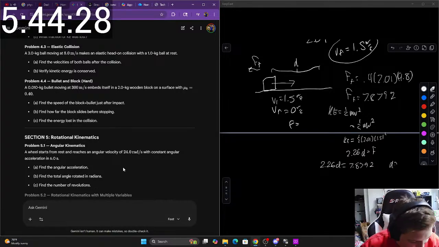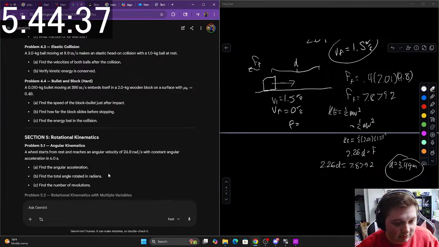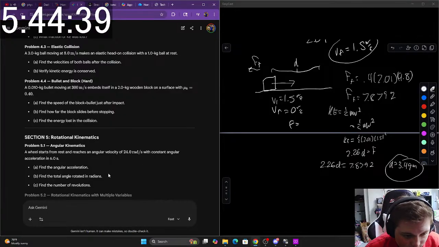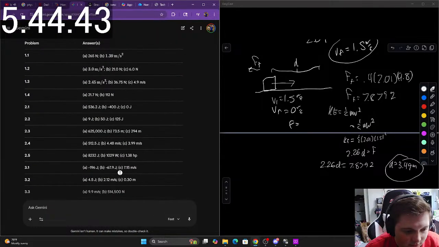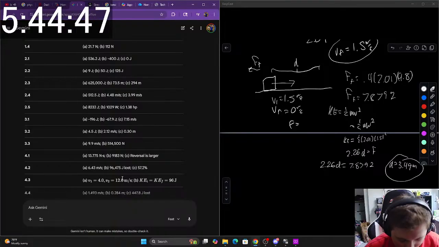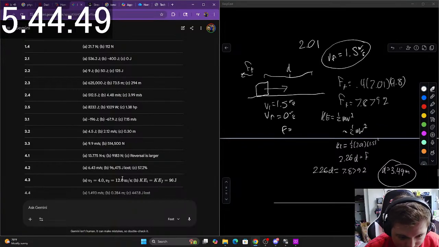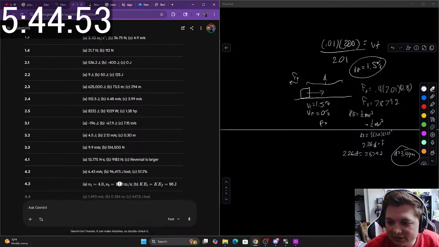We're assuming that the distance is 3.49 meters, which kind of makes sense, but also I don't know. Let's see. 4.4b. Sweet. Yeah. I just don't think I know how to solve that one, which is okay.